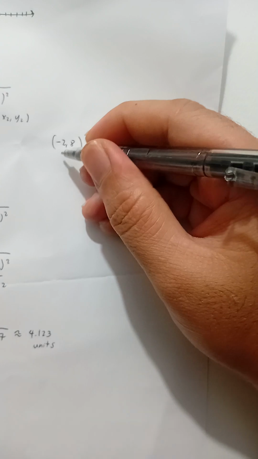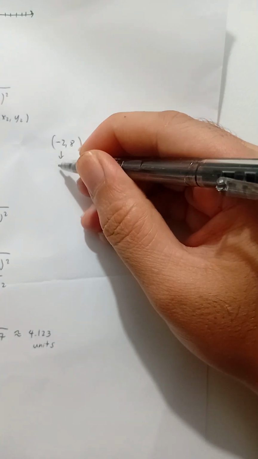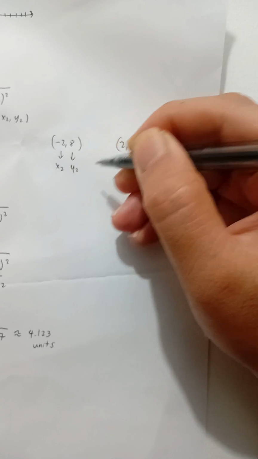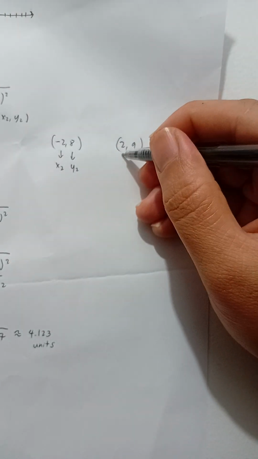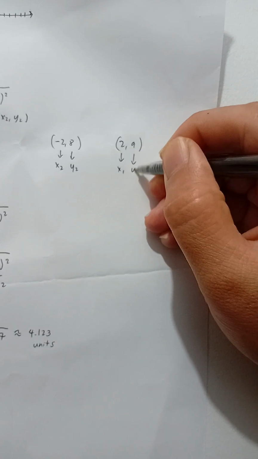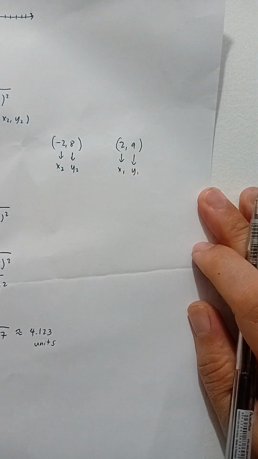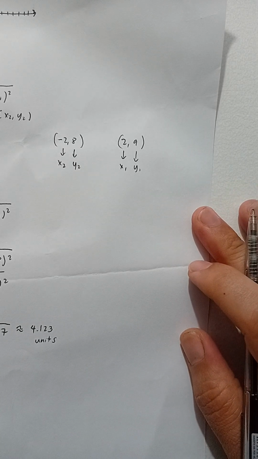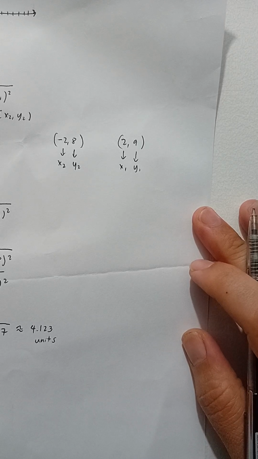You can decide that this is the second point, so you have x sub 2, y sub 2. And you can also decide that this is the first point, x sub 1, y sub 1. So let us see if there is the same result.